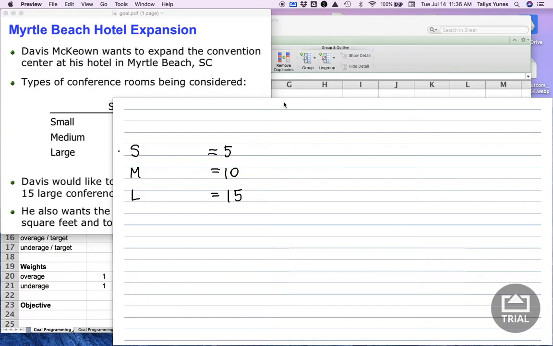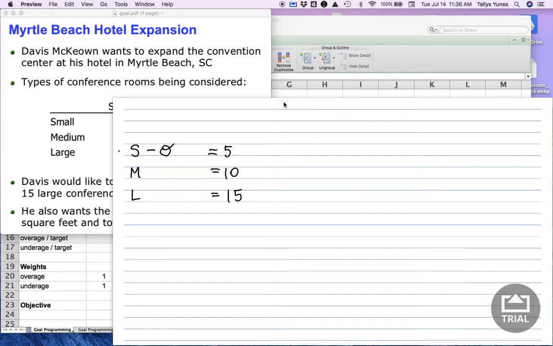But because a priori I don't know whether S wants to be smaller than 5 or greater than 5, I need to allow for both possibilities to happen. So what I'm going to add to this formula is two terms. A term that will take care of the fact that if S wants to be too large, I need to subtract something from it.